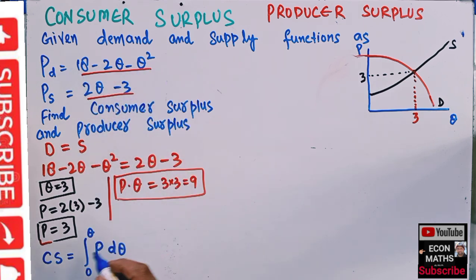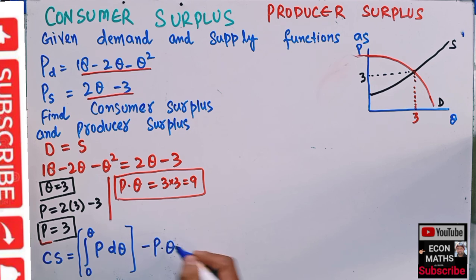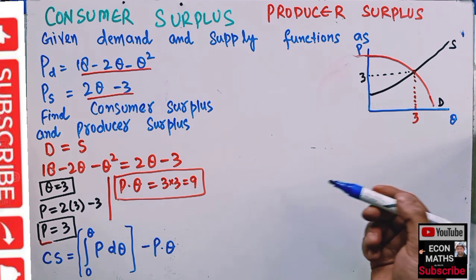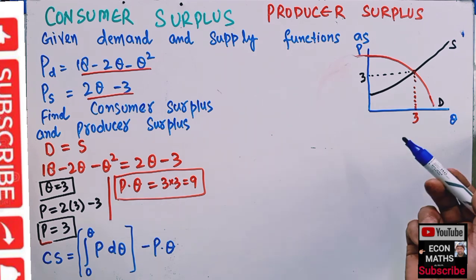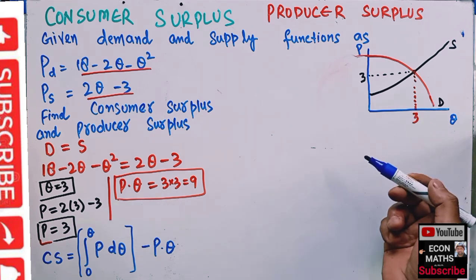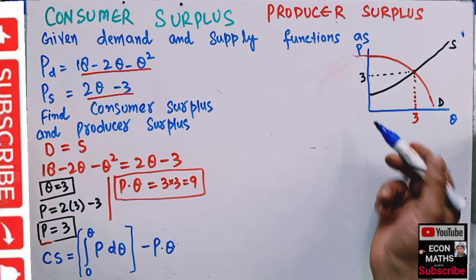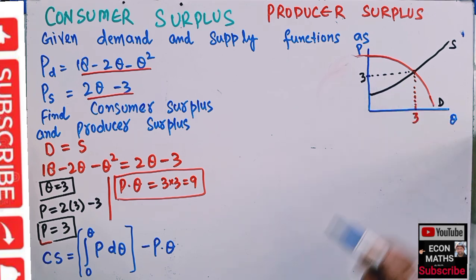Then we subtract from this the total expenditure, that is P into Q. Consumer surplus is simply the difference between the price that a consumer is willing to pay and the price he actually pays for the product. So this denotes the willingness to pay.